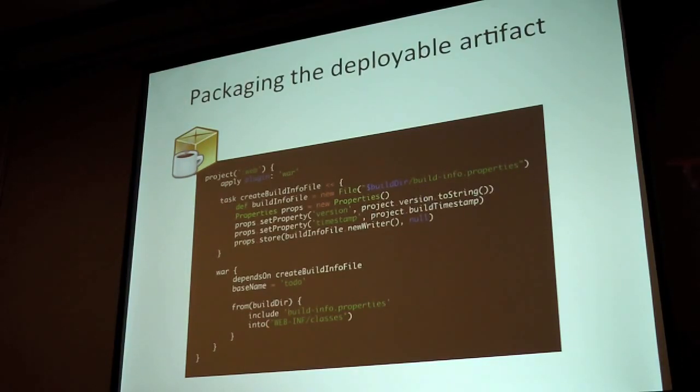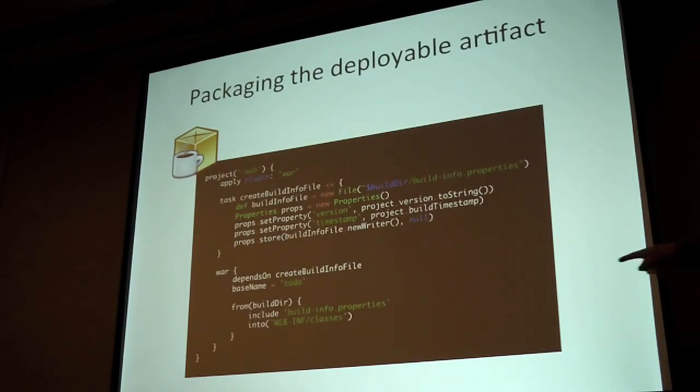And the version in this property file is the version number that we dynamically created through our versioning strategy, and it will be assigned as a string. We can also see the build timestamp here, so it's assigned to that one. So we just store it somewhere in our project in some build directory.